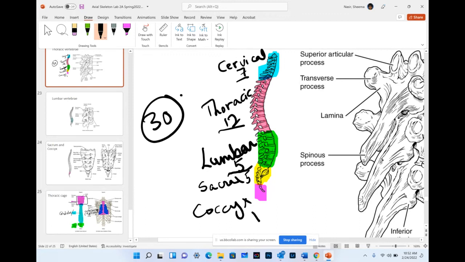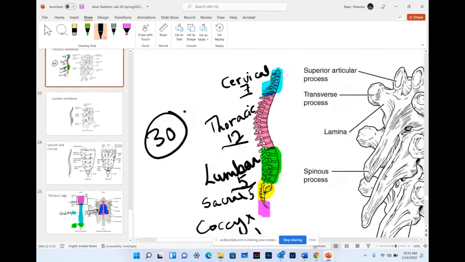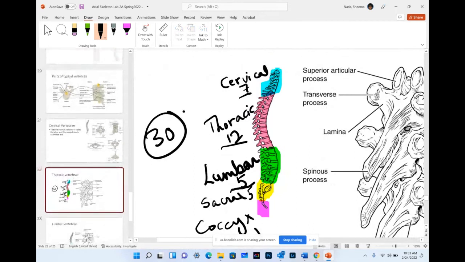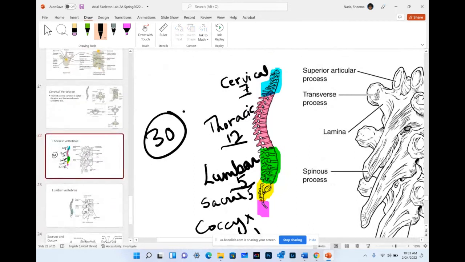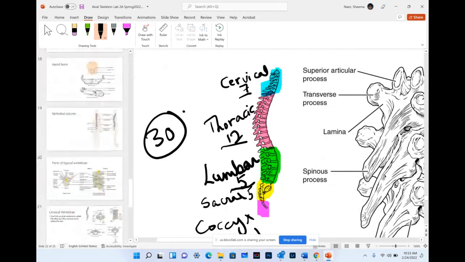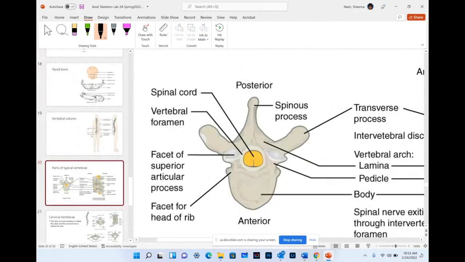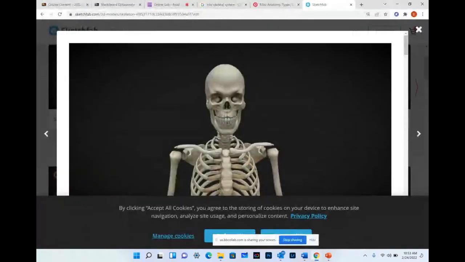General characteristics means that it is common to cervical, thoracic, lumbar, sacral, coccyx. Now, what are those characteristics? Now we are going to look at that. And that is when we go to Google again.